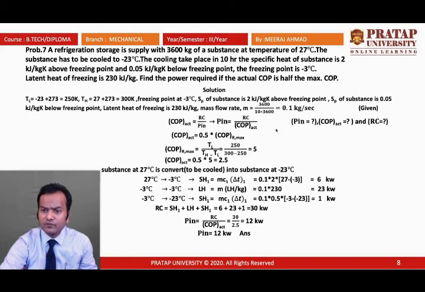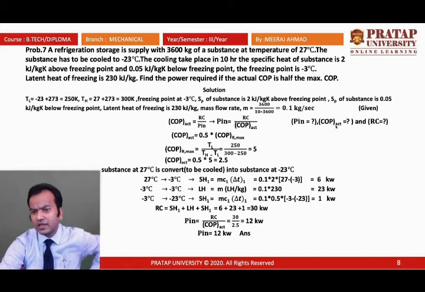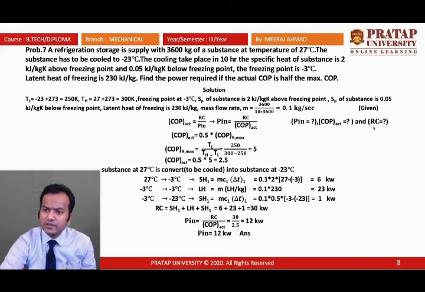So, first you have to find the actual COP of the refrigerator and the refrigeration capacity. In the question itself, the actual COP is equal to half of the maximum COP.